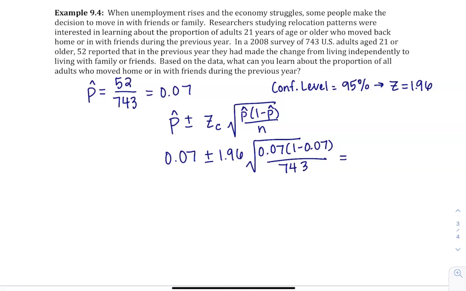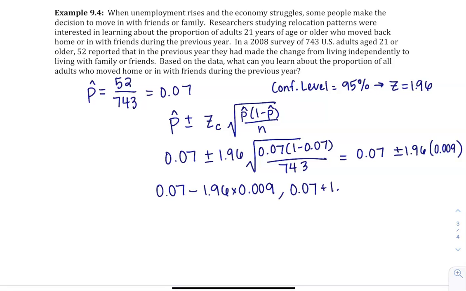You type that into a calculator, and you're looking at 0.07 plus or minus 1.96 times 0.009. Then we will do our confidence interval, 0.07 minus 1.96 times 0.009, and 0.07 plus 1.96 times 0.009.